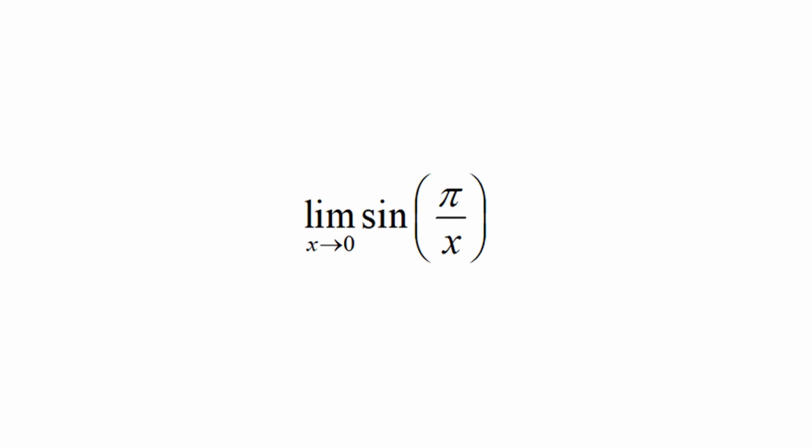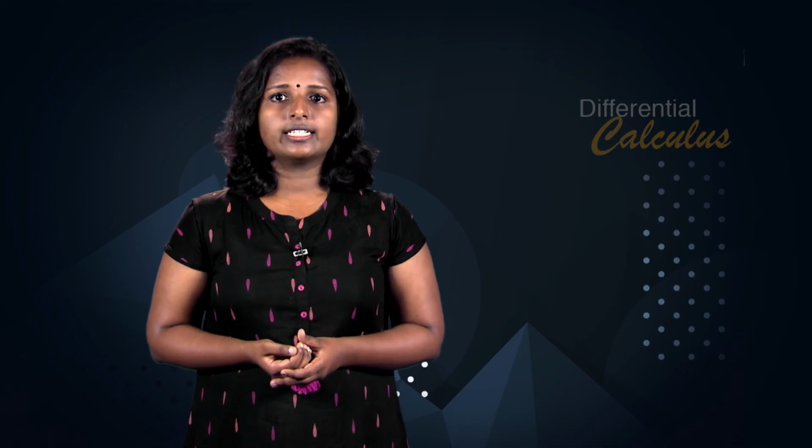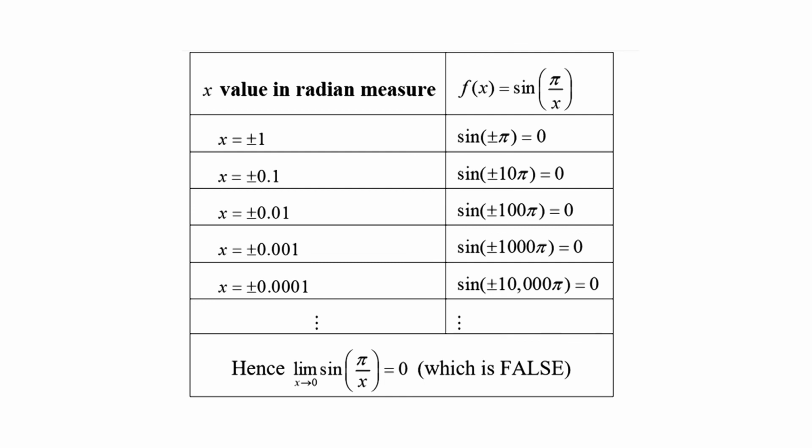That is, the limit of sin of pi upon x as x approaches 0 does not exist. This shows that the conclusion from the numerical table is false. The data in the table deceived us because the sample x values selected all happen to be x intercepts for f(x).